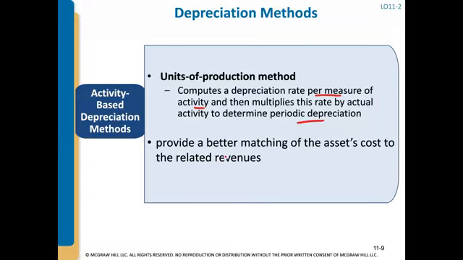The units of production method provides a better matching of the asset's cost to the related revenues. Really, instead of calculating the depreciation based on time, it's based on the asset's output. So think of a factory machine that makes widgets, and the machine can make 1,000,000 widgets over its lifetime, and that's what's going to be used to calculate its depreciation.